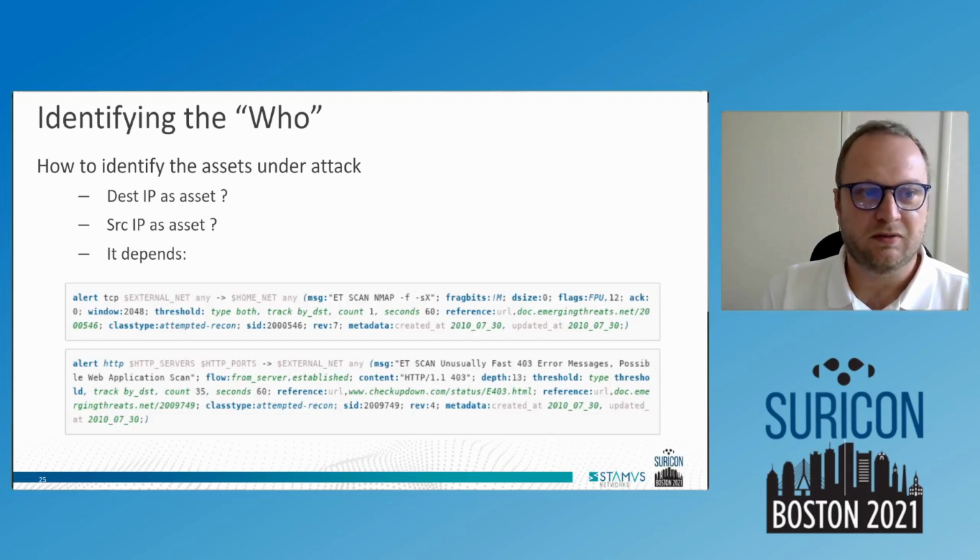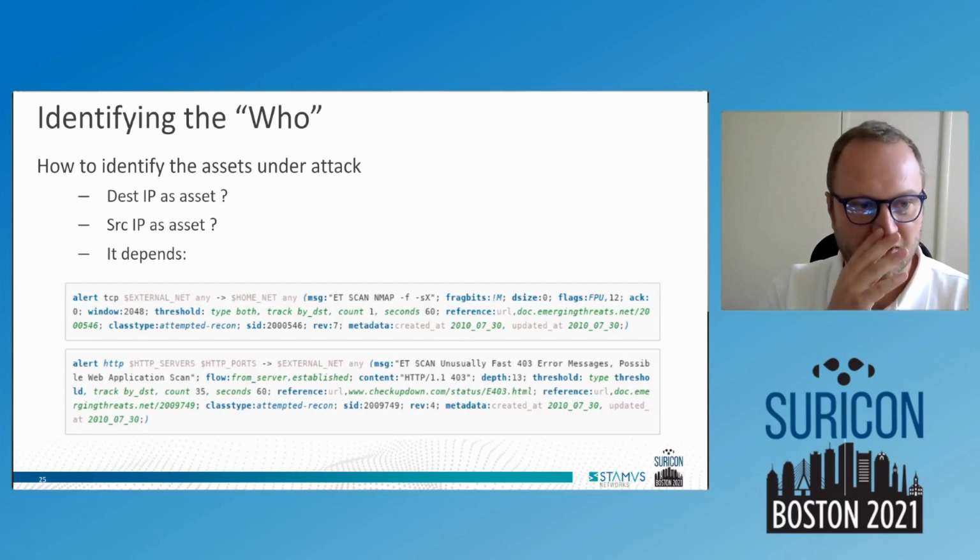Which means, is it the destination IP that is the asset? Is it the source IP that is the asset? You need to know, because if you want to list all the source IPs that have a threat, maybe you will list the attacker in this, so that will not be correct. If you look at these two signatures, you will see that it is not that obvious.